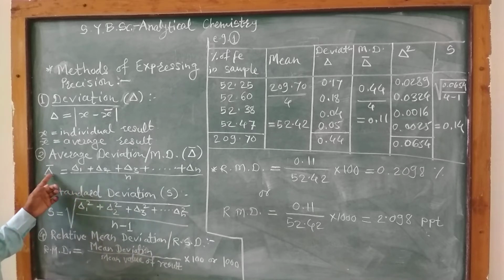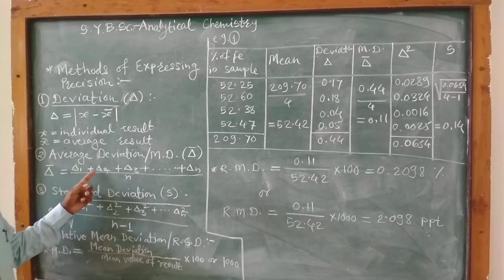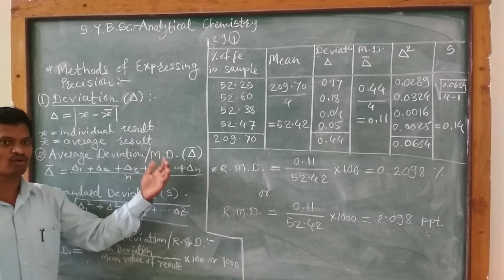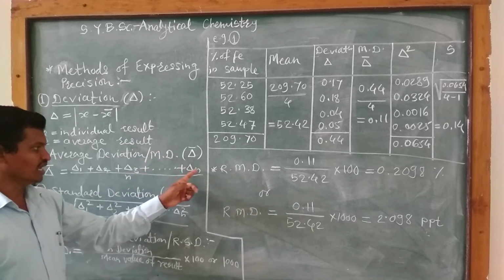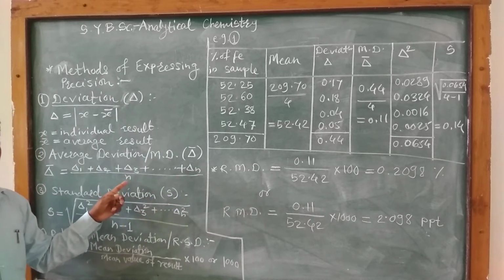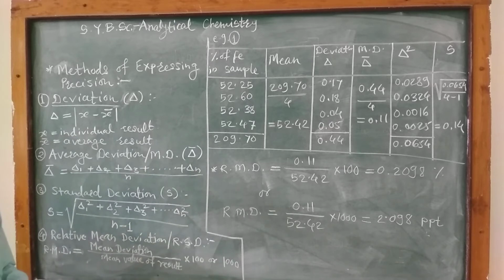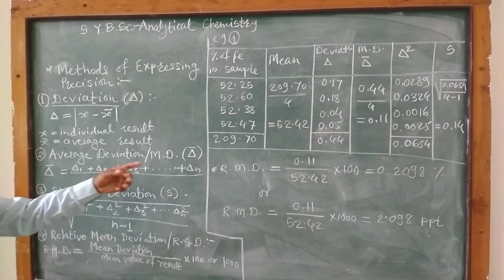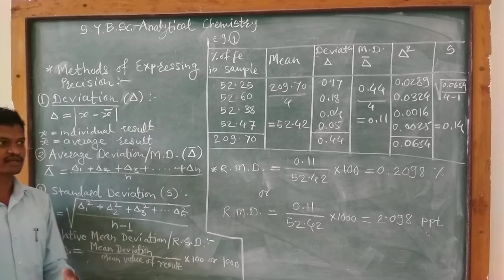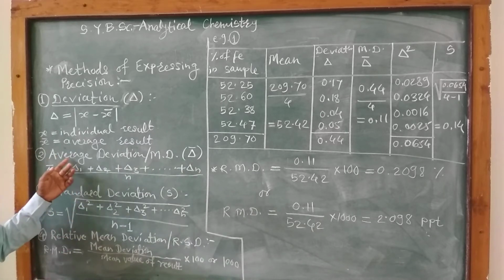The equation is del bar is equal to del 1 plus del 2 plus del 3 plus, up to del n, divided by n, where n is the number of observations or measurements.